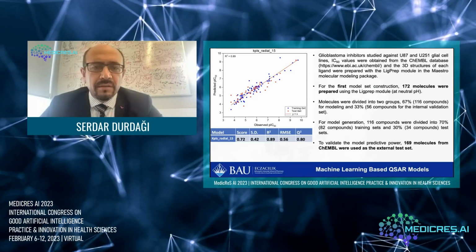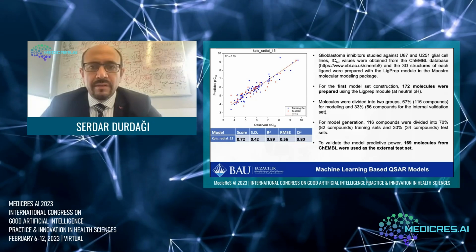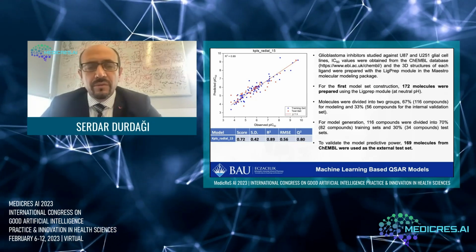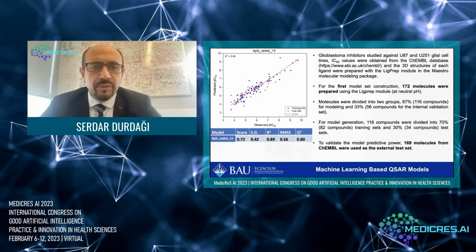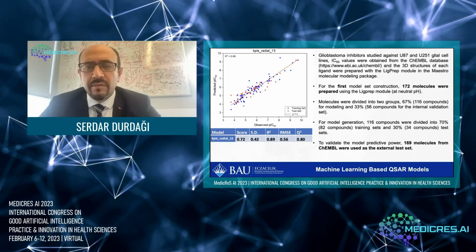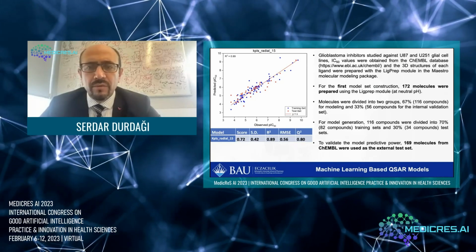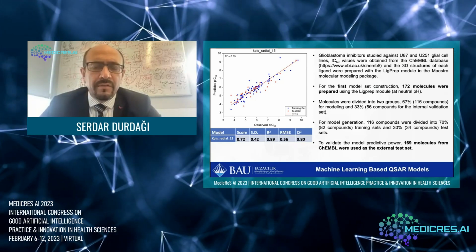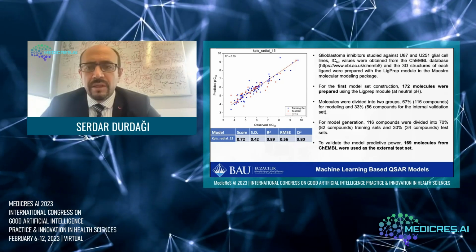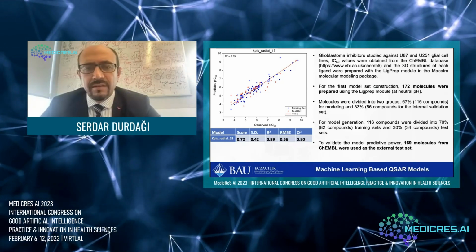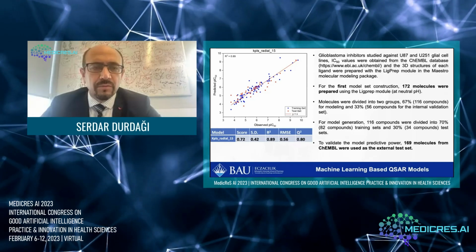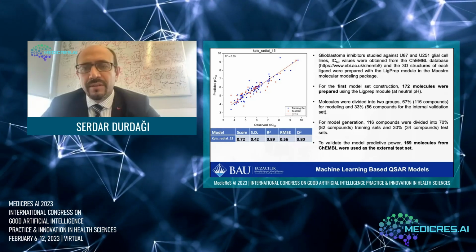First of all, we prepared the structures, and then we tried to construct the models. The first model includes 172 molecules, and we divided the molecules into two groups: 67% to construct the model, and 33% for testing the molecules.